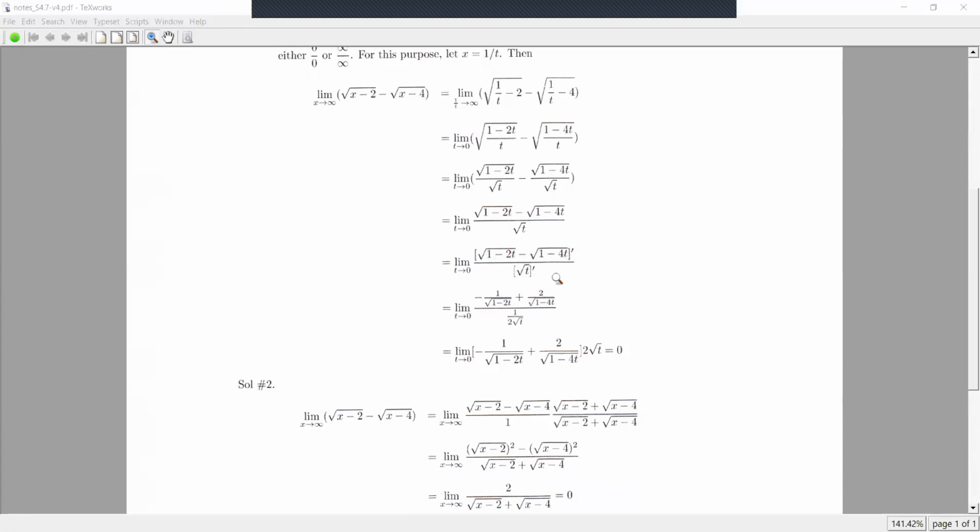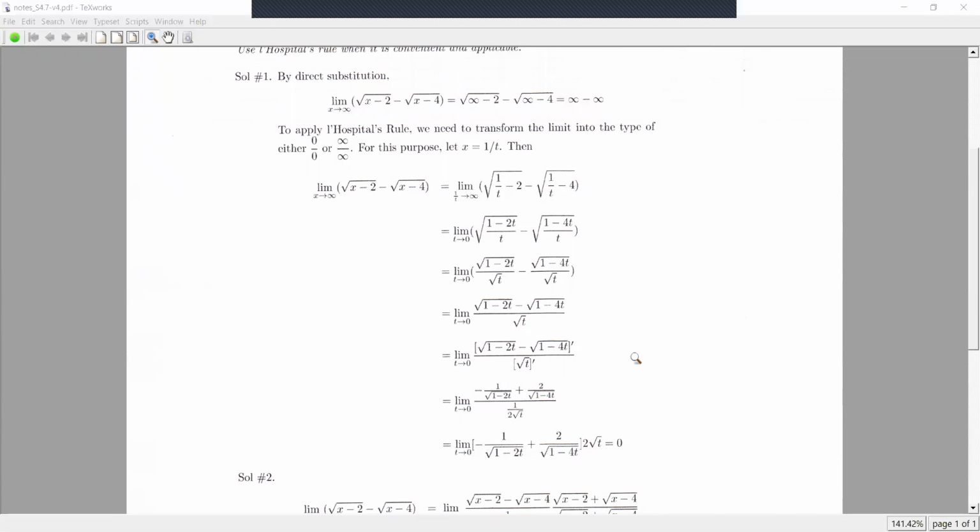The derivative of the second term, we also need to use the chain rule. Tedious. Okay, now simplify this function. We get this function. Now, direct substitution. Plug in 0 for t. Then we get the limit is 0.